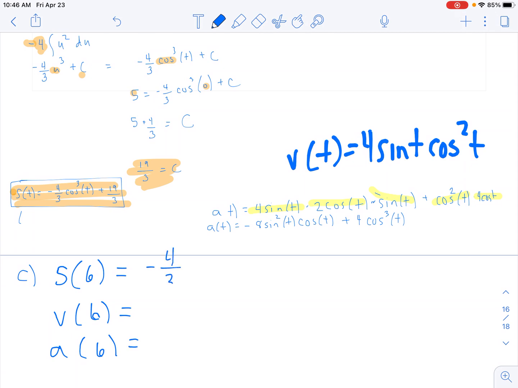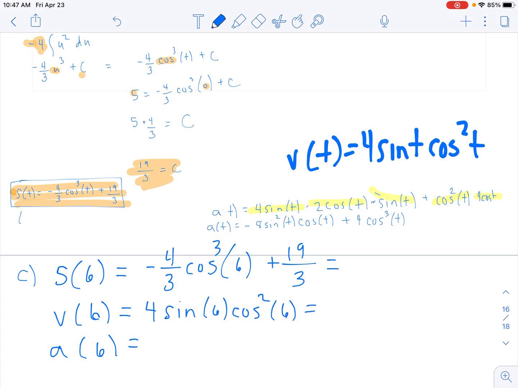Negative 4/3 cosine cubed of 6 plus 19 over 3. Okay, I'm just going to grab my calculator, make sure I am in radians.